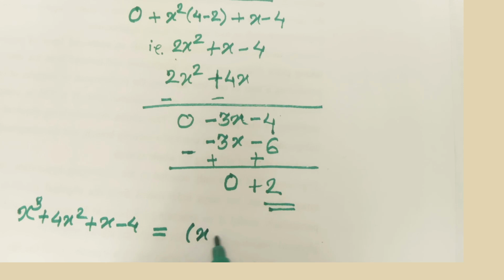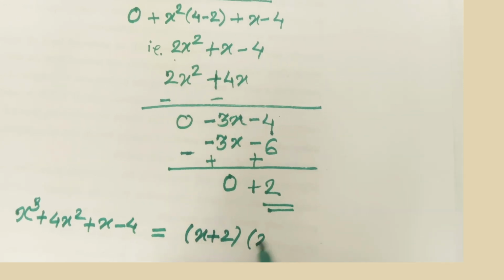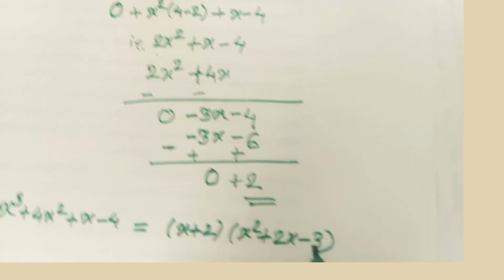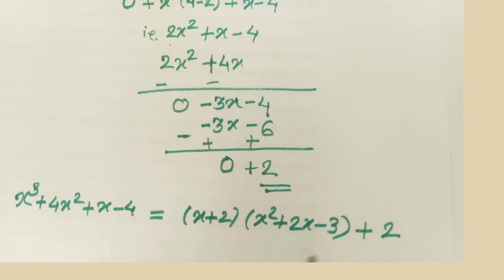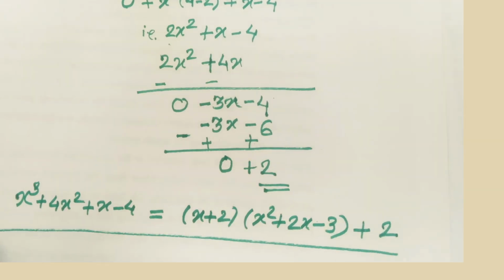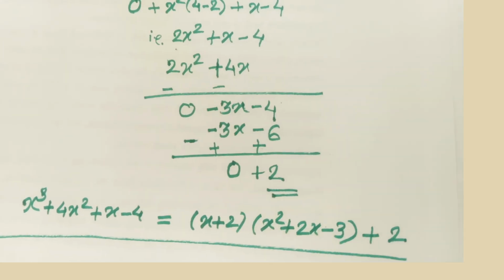So our polynomial p of x, x cubed plus 4x squared plus x minus 4, is equal to divisor x plus 2 times quotient x squared plus 2x minus 3, plus remainder 2. This is our final answer.